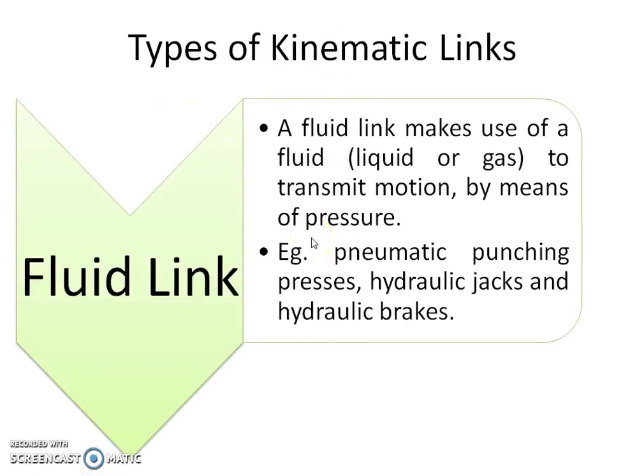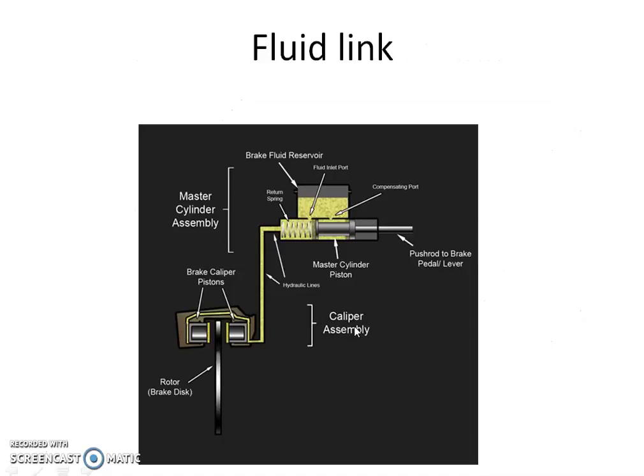The third type is a fluid link, in which gas or liquid is used to transmit motion by means of pressure. Examples are pneumatic punching presses, hydraulic jacks, and hydraulic brakes. Here a hydraulic brake has been demonstrated. You can see that this pressure cylinder is used for transmitting fluid pressure to this caliper assembly. This caliper assembly is connected to this piston cylinder through a fluid link.